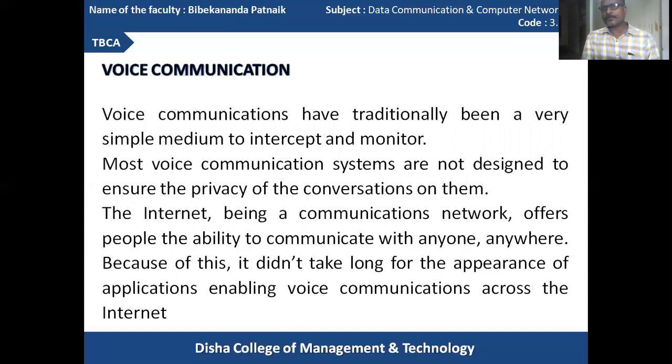Most voice communication systems are not designed to ensure the privacy of the conversation. So the maximum number of voice communication systems are not based on data privacy while conversing. On the internet, a communication network offers people the ability to communicate with anyone, anywhere.